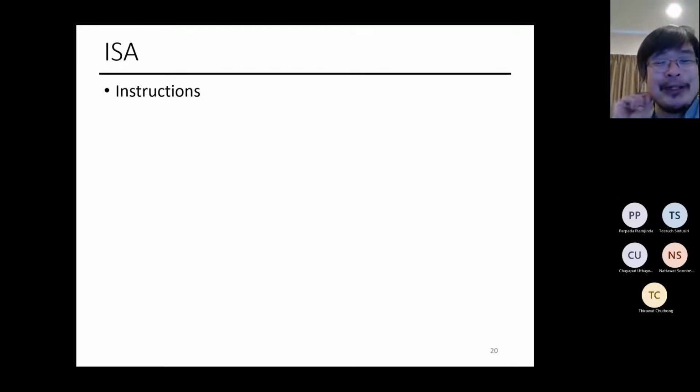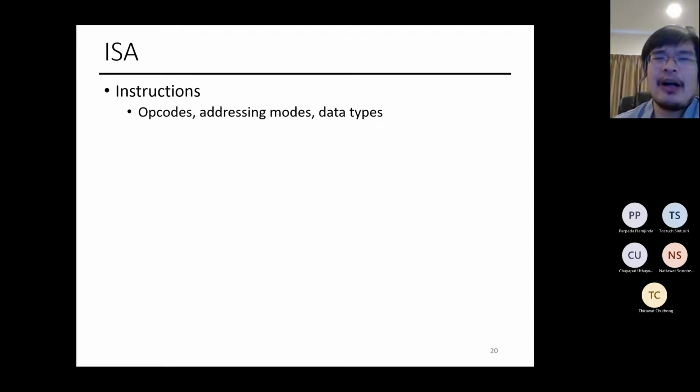The instruction would consist of things like opcode. Opcodes are just the binary bits, ones and zeros, that represent the operation you want to do. So it can be add, multiply, subtract, and, or, branch, jump. These are all valid opcodes for the instruction.